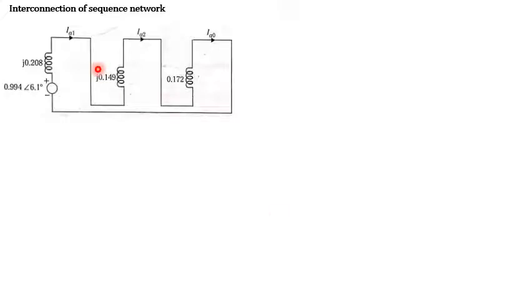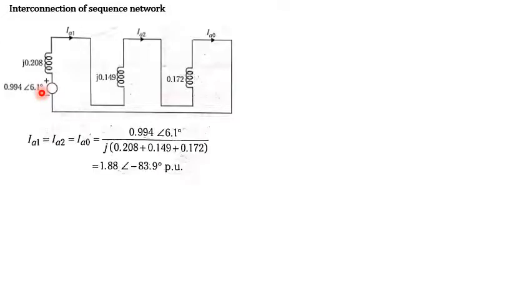So for the interconnection of sequence networks for the single line to ground fault, everything should be connected in series. This is positive, this is negative, and this is zero. This is the V Thevenin we got, or we can consider it EA1. So from this we can write EA1 is equal to EA2 is equal to IA0.